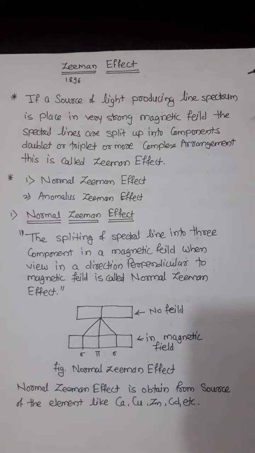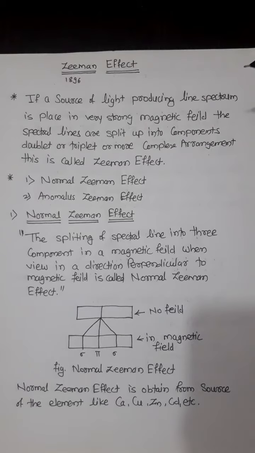Simply, to remember what the Zeeman effect is: when a spectral line in a magnetic field splits into two, three or more complex components, we call it the Zeeman effect.